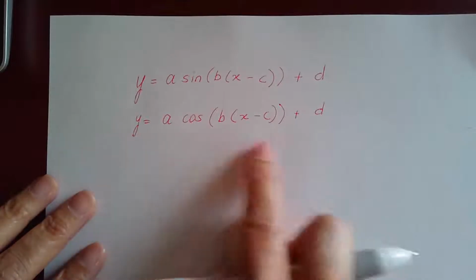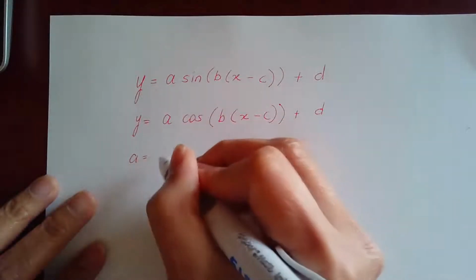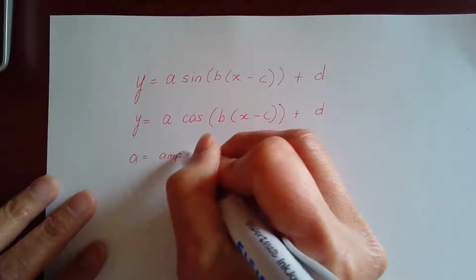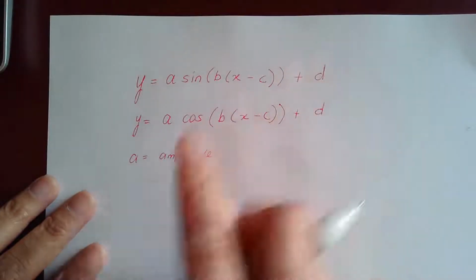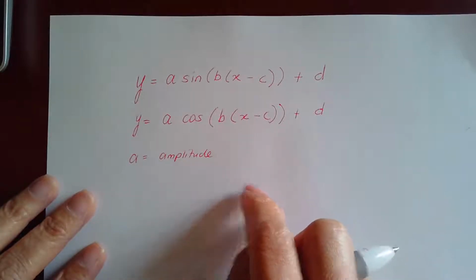So just to take a look at this, A talks about the amplitude of the wave of the graph.